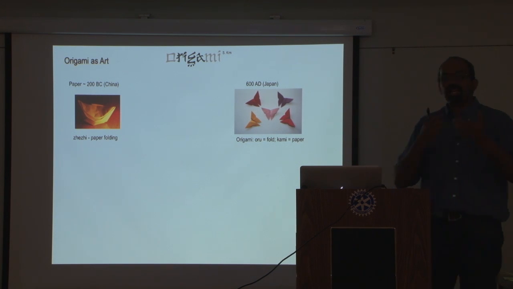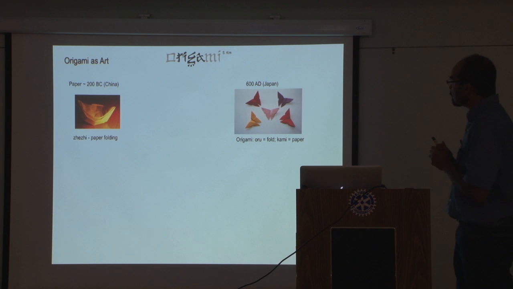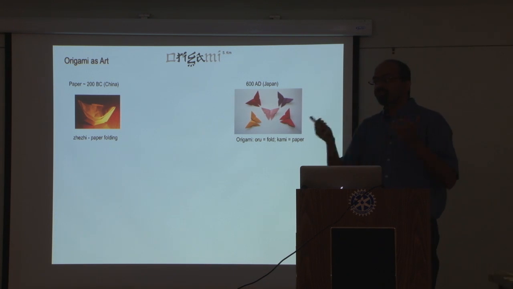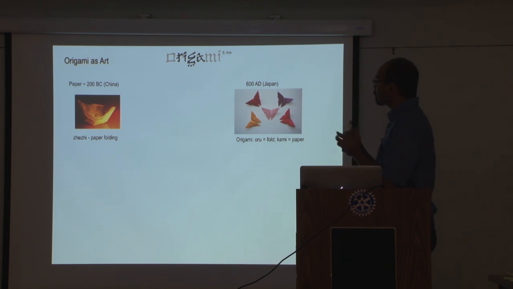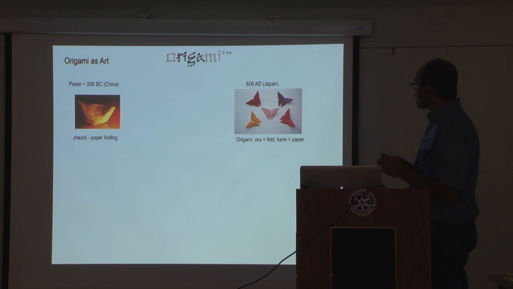And in both China and Japan, origami was associated with a number of different kinds of ceremonial occasions. So you built these paper models, you gave them as offerings, you set them afloat on water. And one of the more famous origami pieces of folding sculpture are associated with butterflies, which were typically associated with these ceremonial occasions.